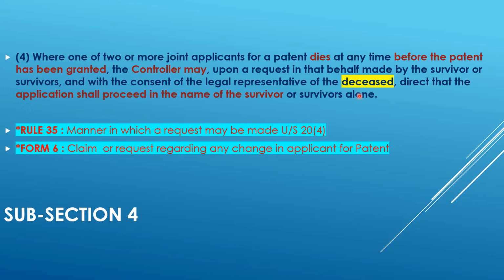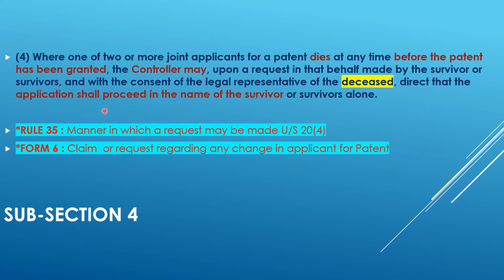Fine. So, this is a particular situation. Here the main keyword is deceased, and the letters in red are the secondary key points. By keenly observing this, you can understand the summary of this subsection.